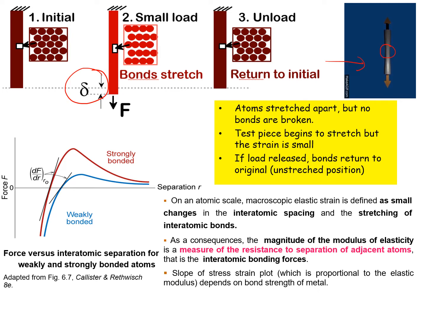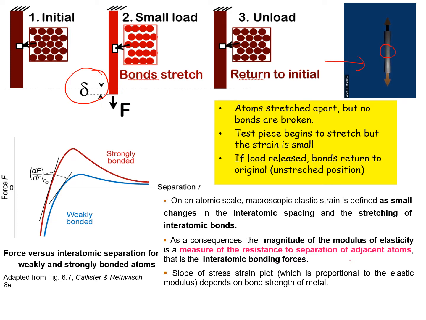In terms of the atomic scale, microscopic elastic strain is defined as the small changes in the interatomic spacing and the stretching of the interatomic bonds. So as a consequence, the magnitude of the modulus of elasticity is a measure of the resistance to the separation of adjacent atoms, that is, the interatomic bonding forces.